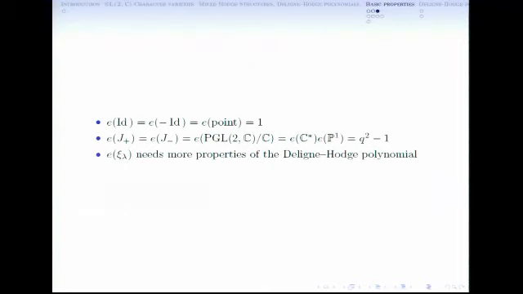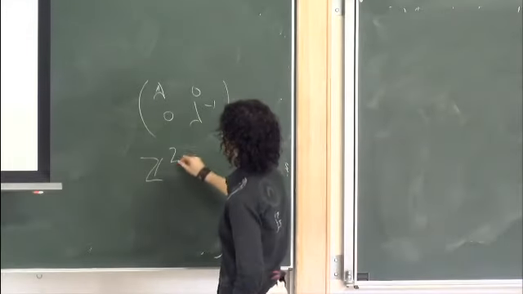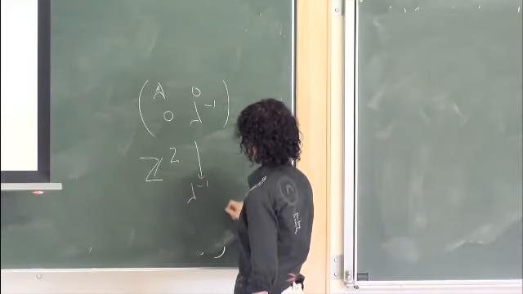But then we get to the diagonal matrices, and there is a problem because these diagonal matrices are of this form: you have lambda and lambda minus 1, but then you can act by Z2 and go to lambda minus 1 and lambda.